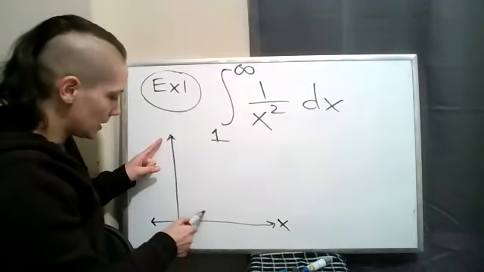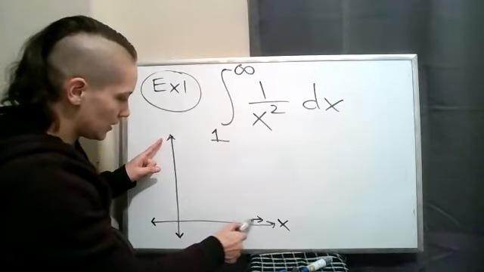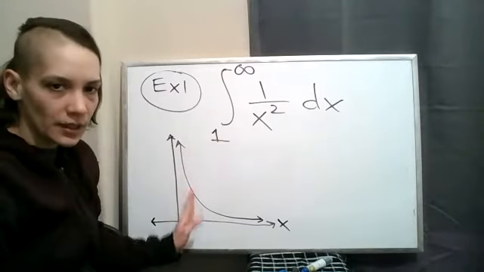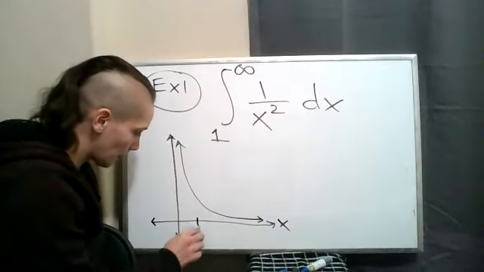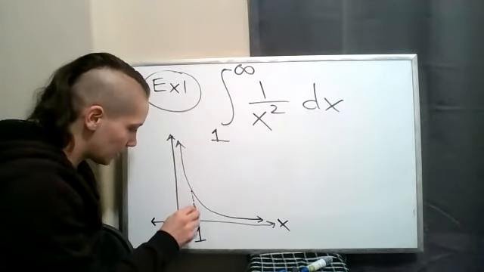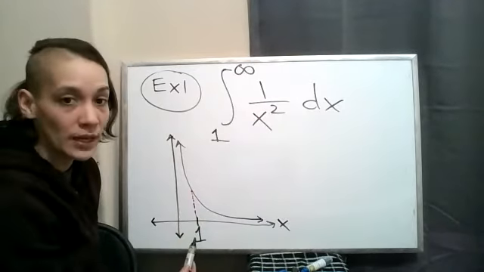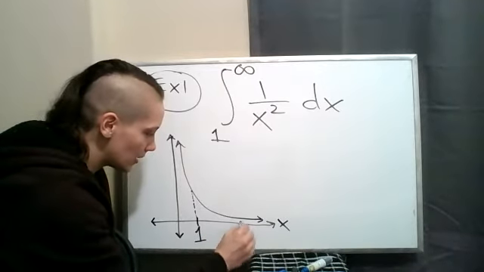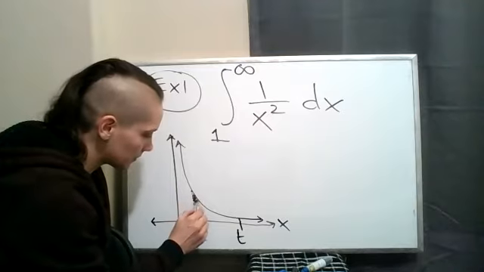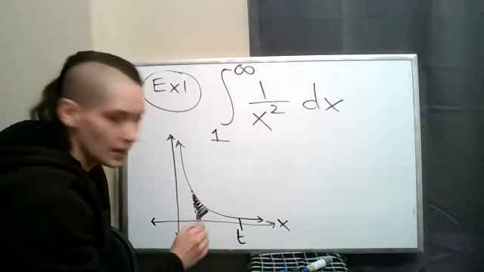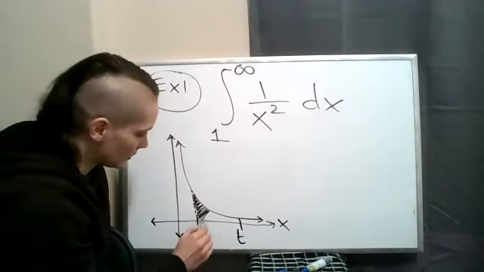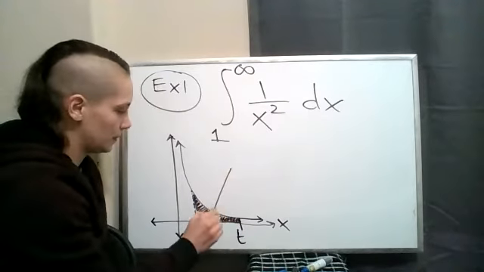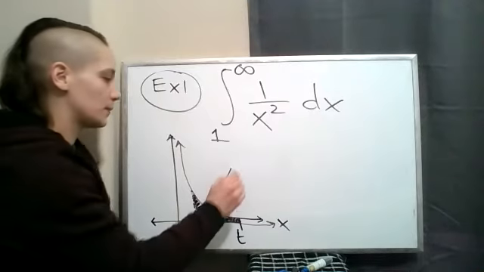So I have it going like this on this side. We're going to start at 1 and talk about going from 1 to some number t. So this down here is some t value. We're trying to find areas under curves with these integrals, so we'll call this area A of t.